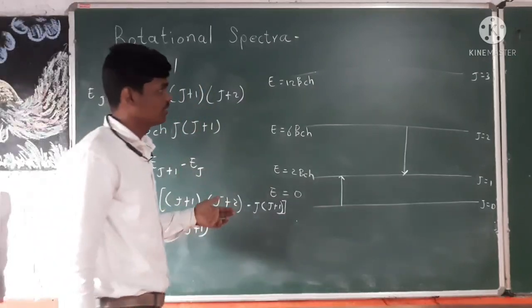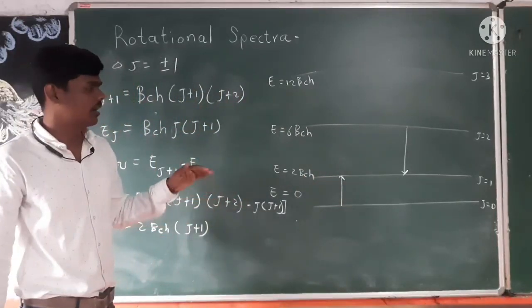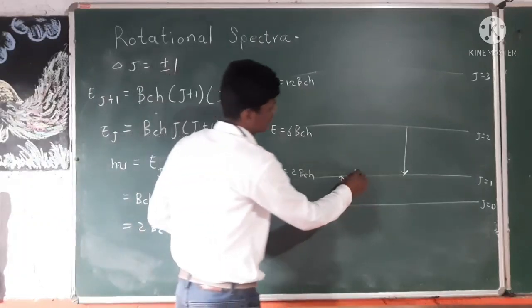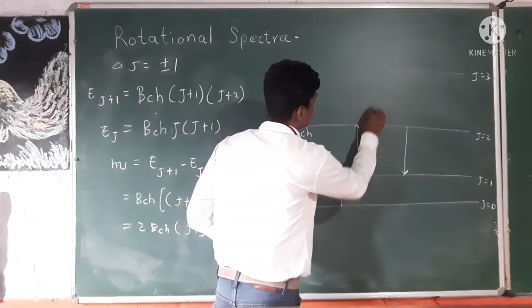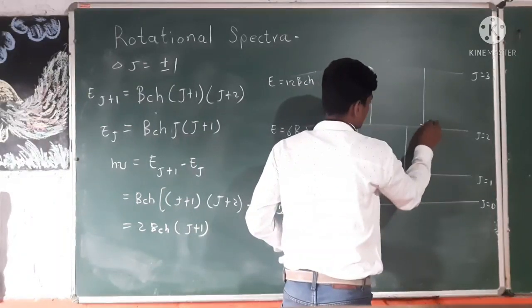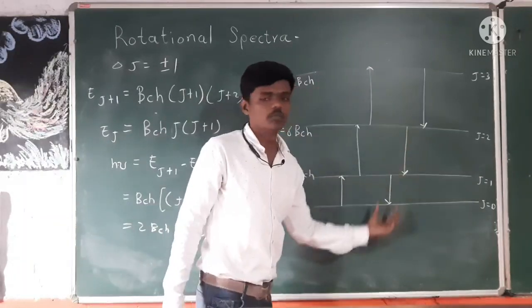That means only transitions between adjacent energy levels are allowed. So this is possible, this is also possible, this is not possible. Here it is emission spectra, this is absorption spectra, this is emission spectra.